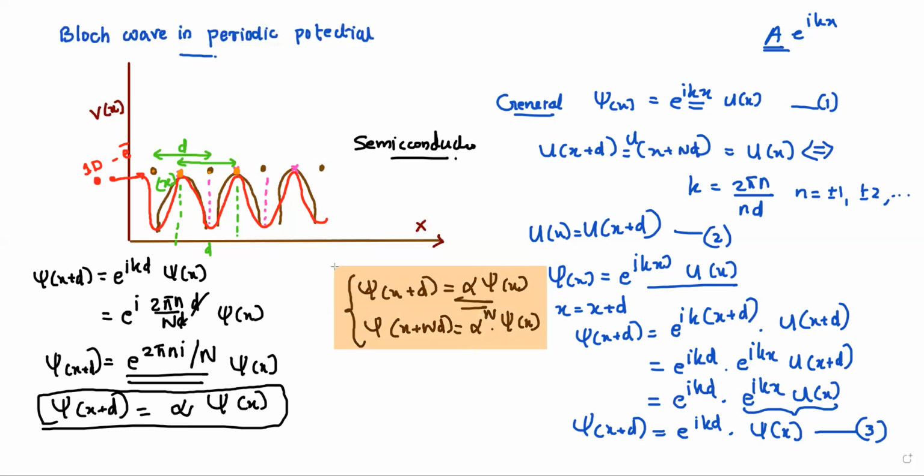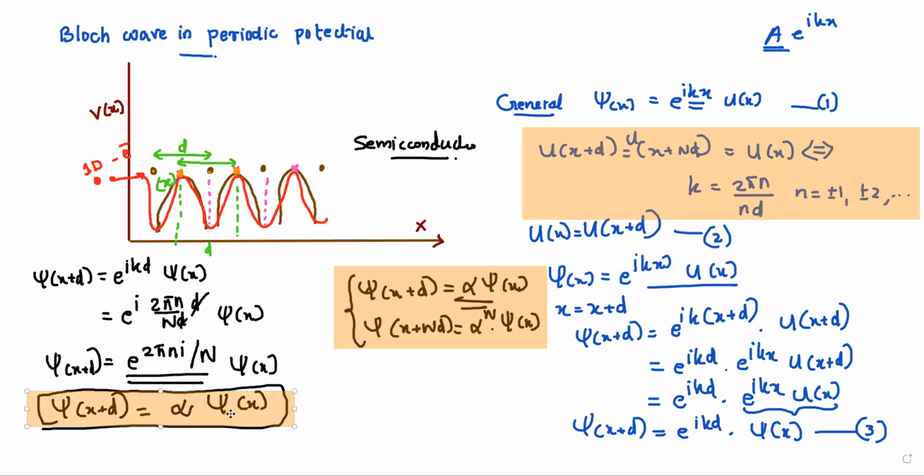This is for one condition, and the wave equation that satisfies it is like this one. And this is only for k equal to 2 pi n by n d. This one and this one and this one.